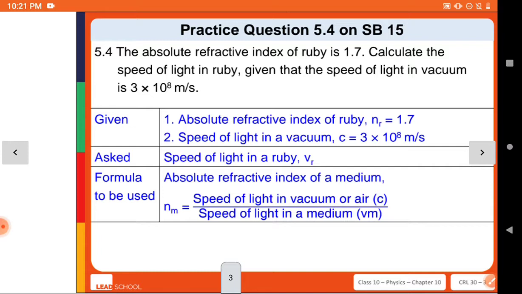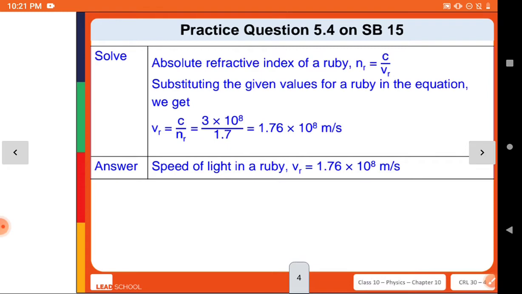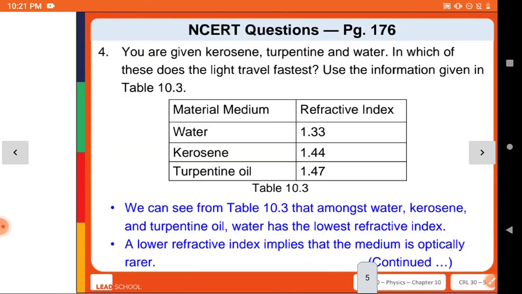Practice question number 5.4 on your supplementary book, page 15, and our last topic related numerical from the NCERT book on page number 176.